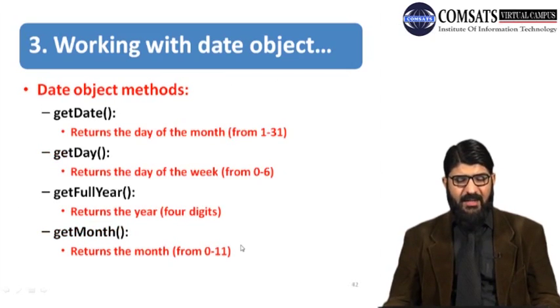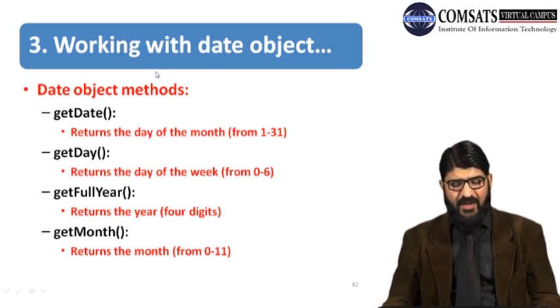Now what are the methods for date object methods? The first method is get date, and get date will return you the day of the month from 1st to 31.